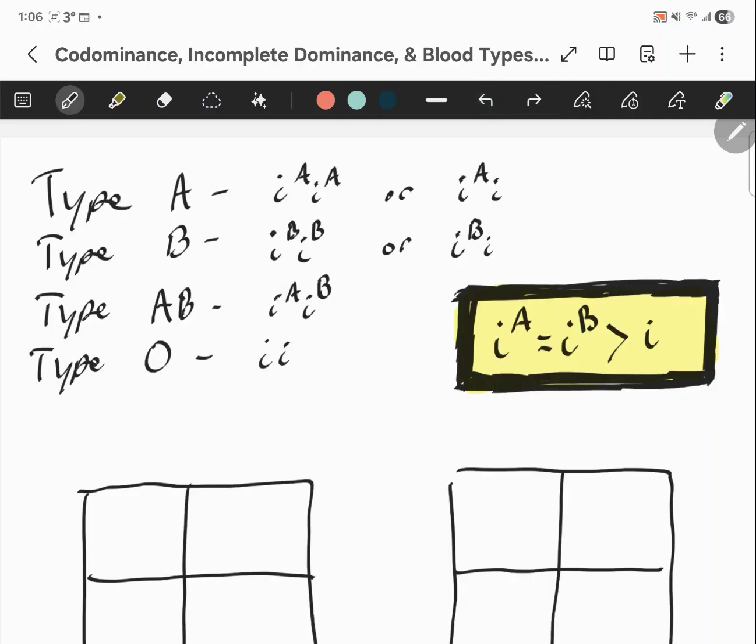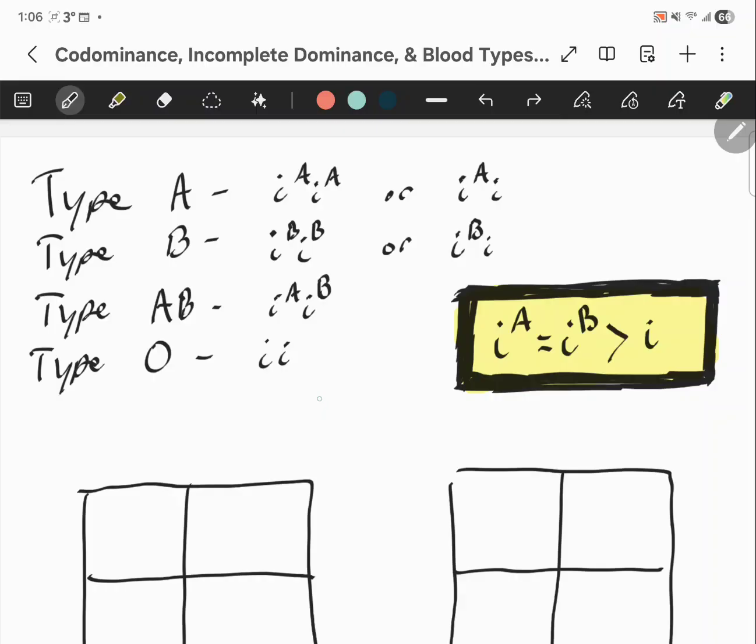Type O blood, as I said before, means no antigens. So when we draw our little I, which again stands for isoagglutinogen and is kind of saying, hey, here is the blood type, well, it has nothing there because there is no antigen.